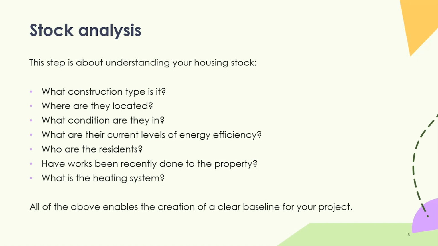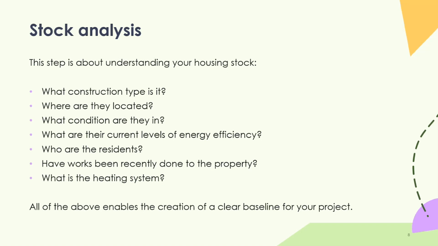And then lastly is, what is the heating system? If you know the different heating systems that are installed within a property, you can target homes which might require different heating systems because they're old and inefficient. So for example, you might have some oil boilers that might need replacing, or even solid fuel systems.